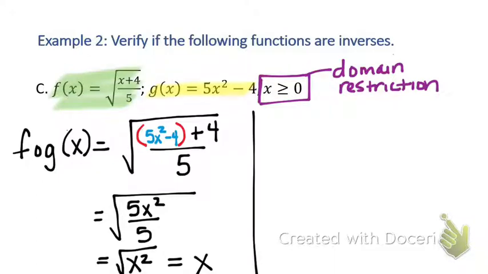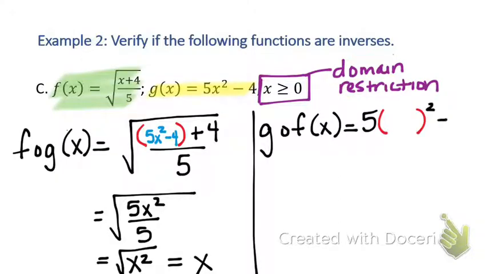And when you go the other direction, putting the f function into g, so that's 5, and then it's x squared minus 4. We're going to put that function into g. It's the opposite.